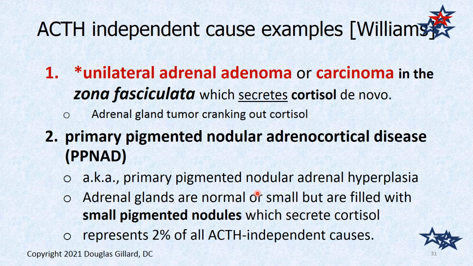There are some rare causes, one called PPNAD, primary pigmented nodular adrenocortical disease. Oh my goodness, I hope that won't be on boards. It's super rare. Of the ACTH-independent causes, it represents only 2% of the pie. It does occur.